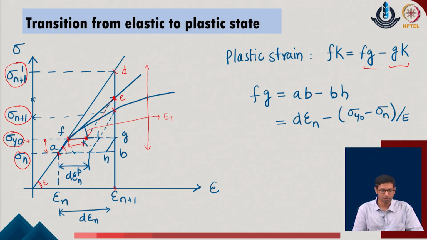So, evaluating these parameters will give us the actual plastic strain parameter of the given system. Through a simple modification we can evaluate the value of f of g. So, f g can be either calculated by this expression the way it is written, a b minus b h, or f g can also be calculated by considering that this overall length of the strain parameter dimension can be equal to, corresponding to the increment in the stress, sigma of n plus 1 prime minus the stress level over here which is sigma y naught in the given system, divided by the constant slope or the initial slope of the given system which is E for the given problem.